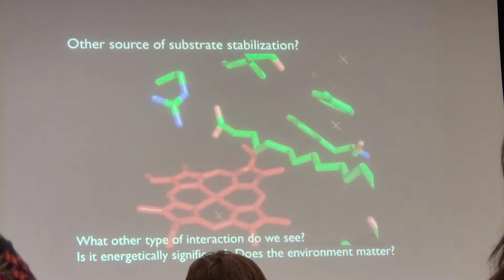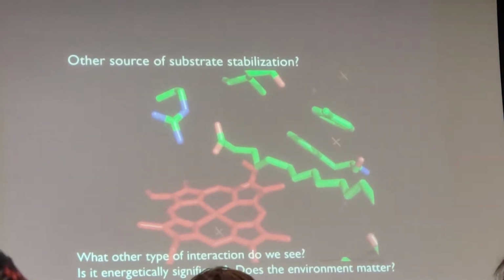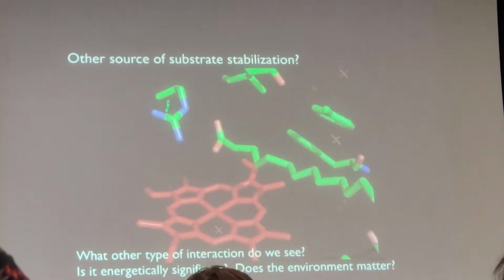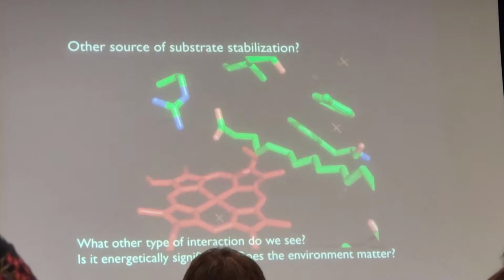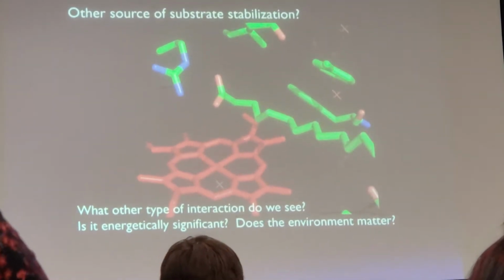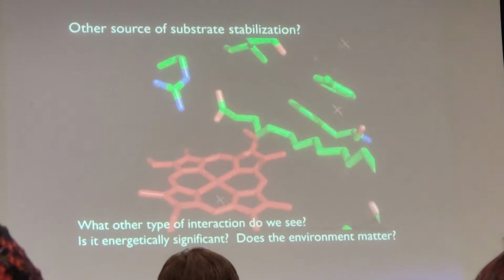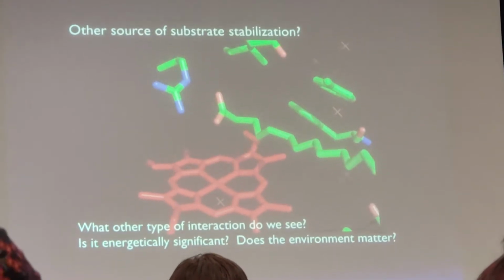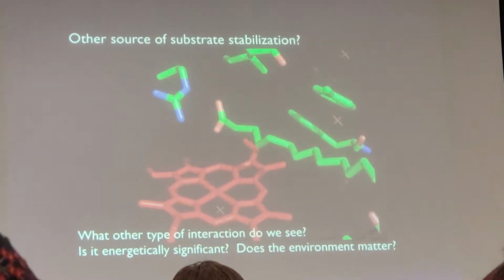All right, so here's another interaction that we see. I'm just trying to combine concepts of what we learned. All right, so what residue is this? We have one of two options. The blues are nitrogens. Yeah, so this is an arginine.